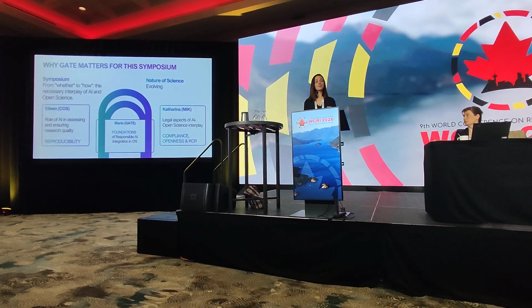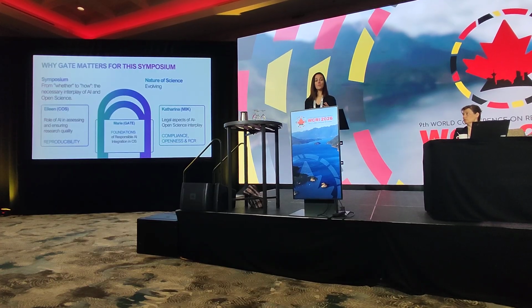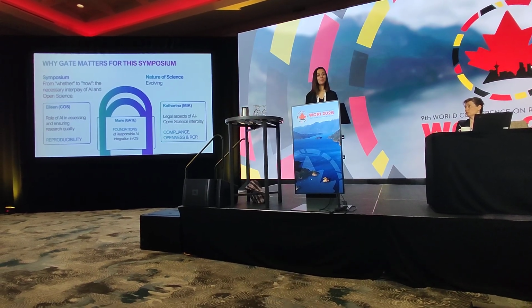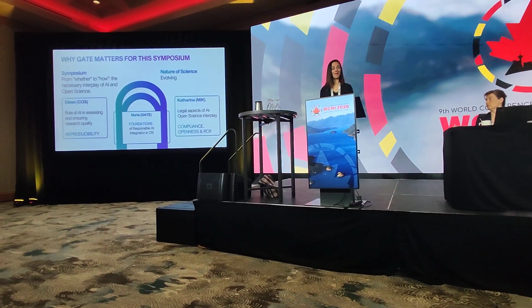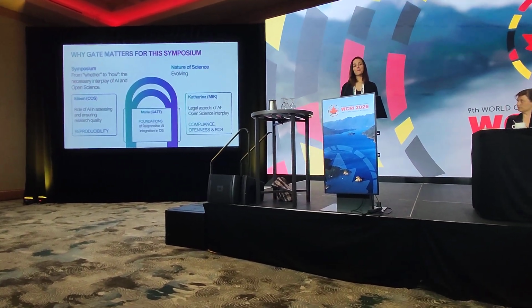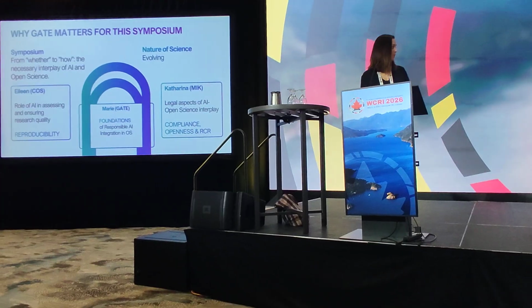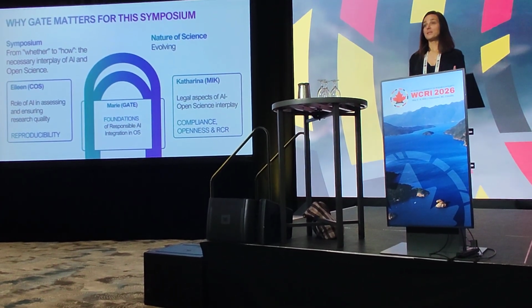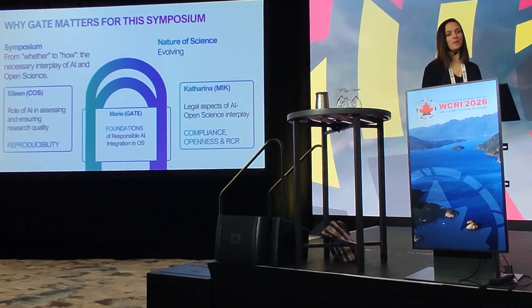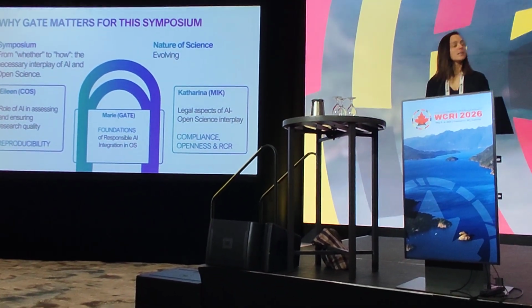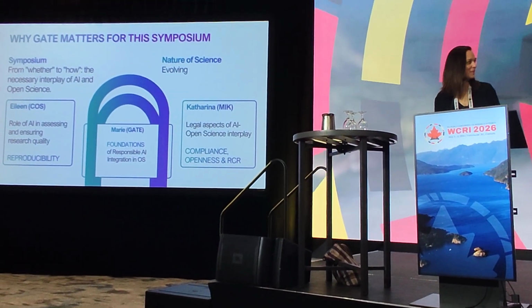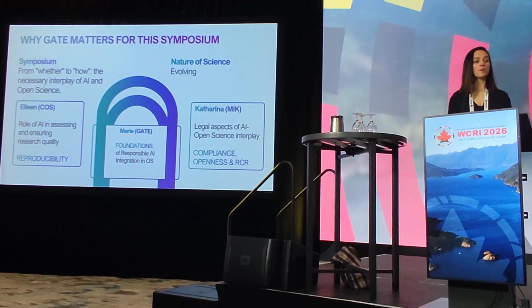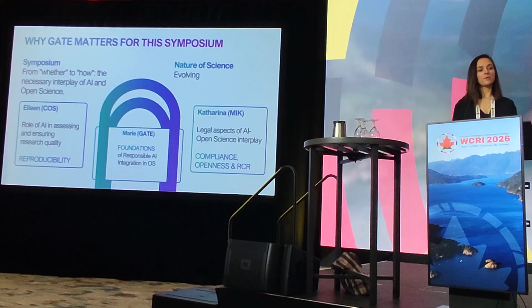The question is not whether, but how responsibly, and the question is about human integrity. What do we want if we're deploying AI in research? And therefore, Gate is well placed in this symposium. Eileen shares a practical application of a possible AI tool, and Katarina also has the legal perspective on topics such as compliance, openness, and responsible conduct of research as a foundation.